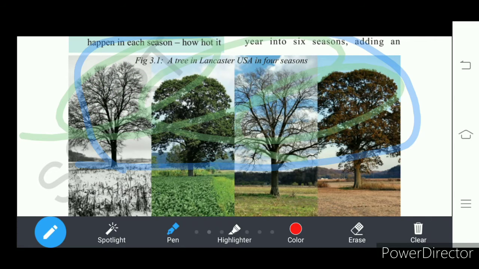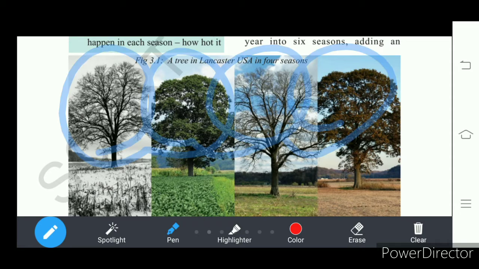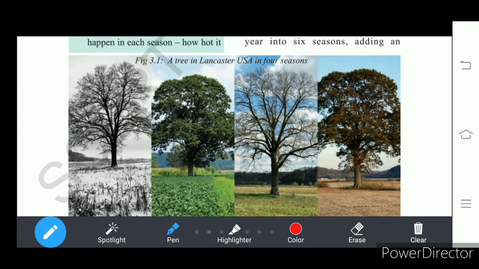Sometimes new shoots come forth and leaves grow again, and they flower and give the fruit. All these changes we see throughout the year, right?